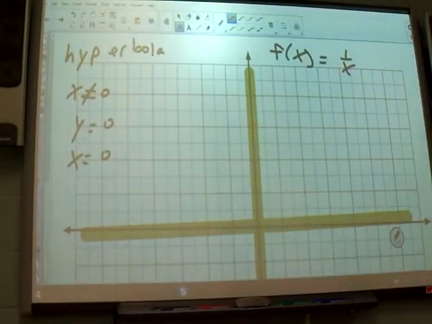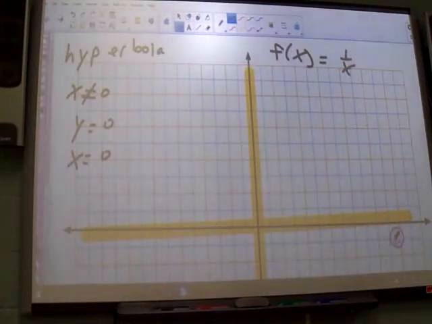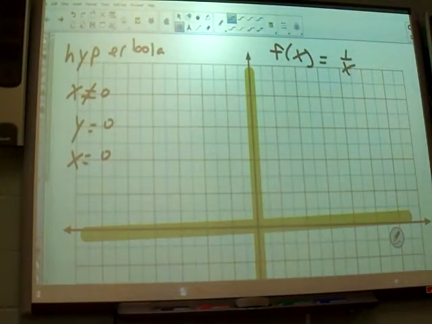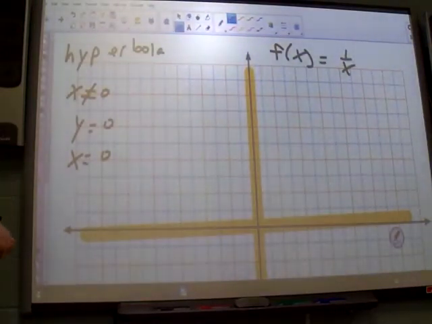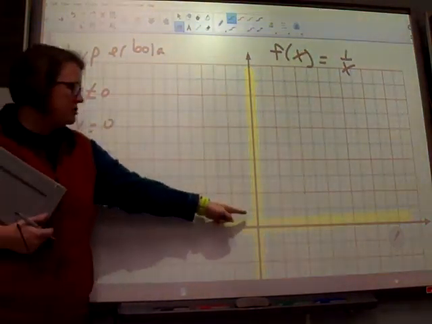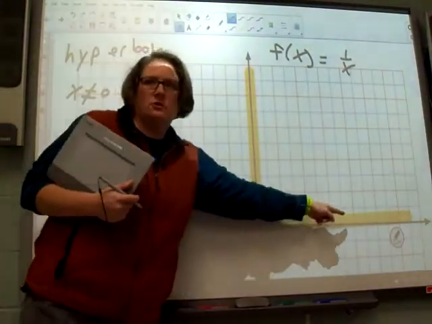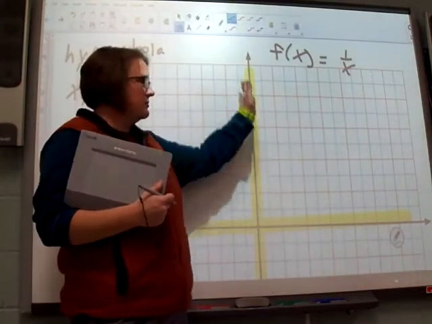Alright, now the process that we're going to go through. Confused about what? The asymptotes. y equals 0 means you don't go up or down any, so you're on the x-axis. x equals 0 means you don't go right or left any, so you're on the y-axis.